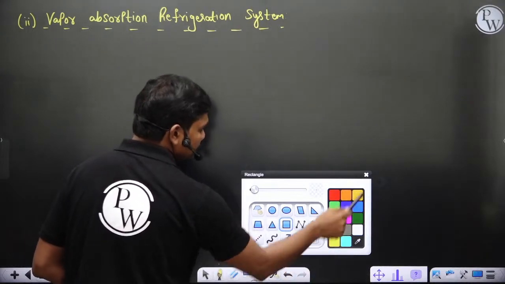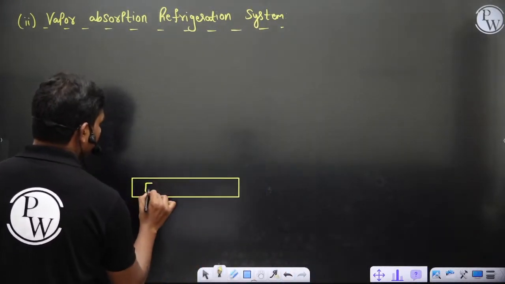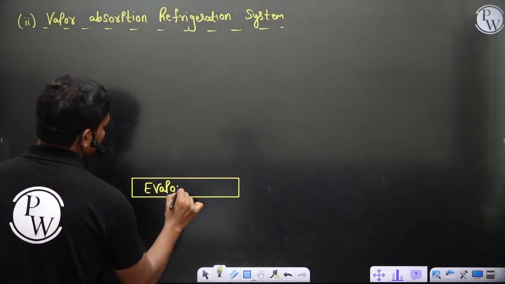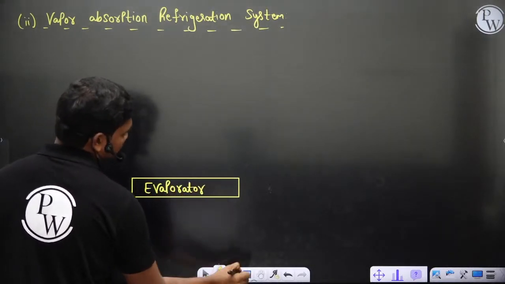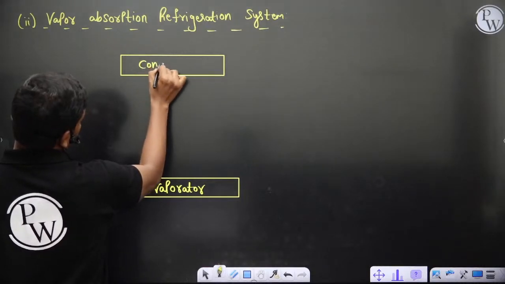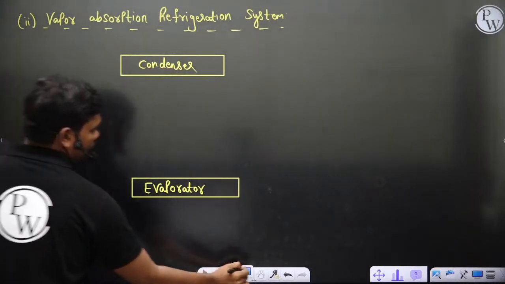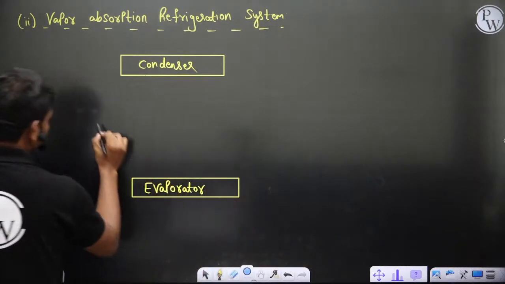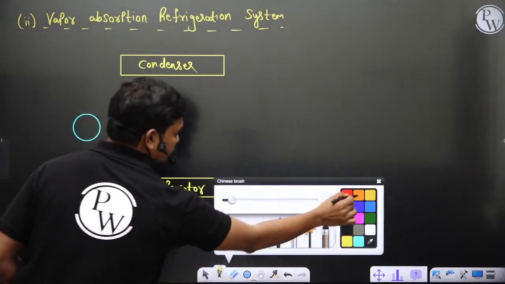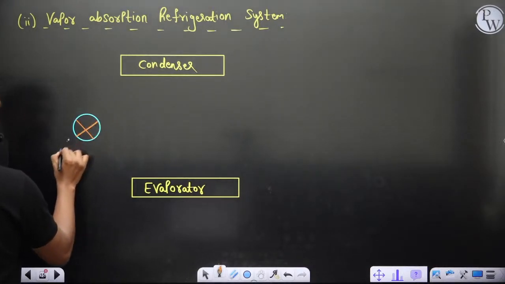You again have an evaporator, and also a condenser, and you also have an expansion valve like this.